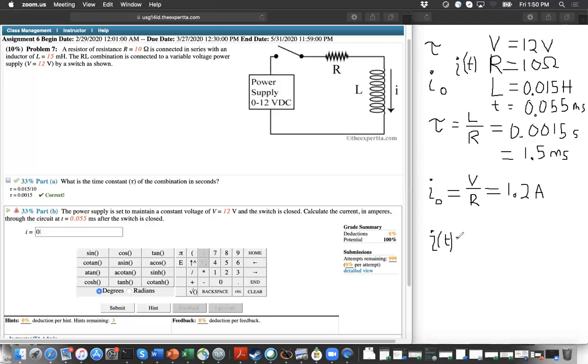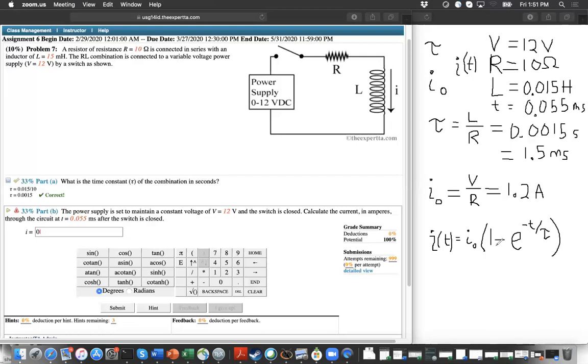It is I naught times 1 minus this e number to the minus t over the ratio of L over R, which this problem calls tau. And I apologize for my crude drawing, but we can deal with it.